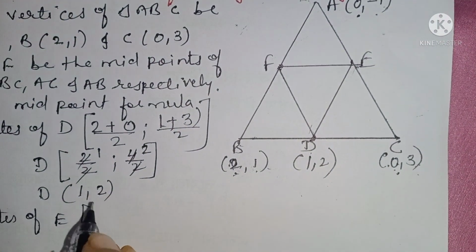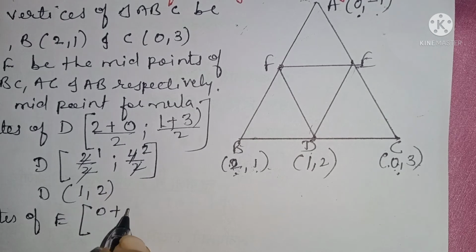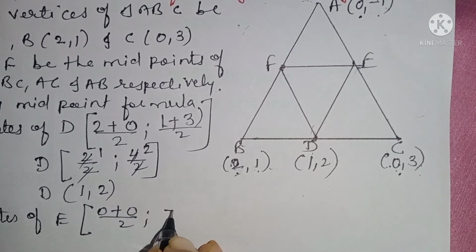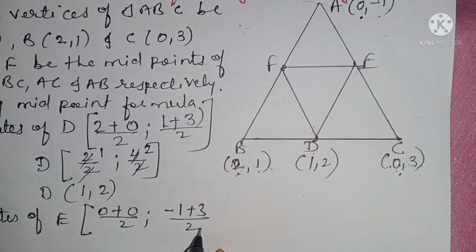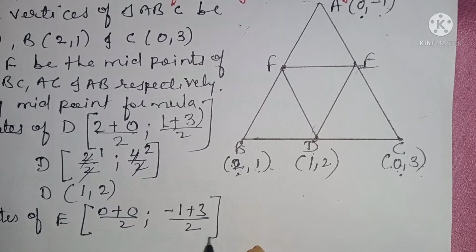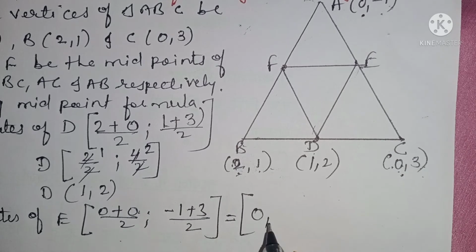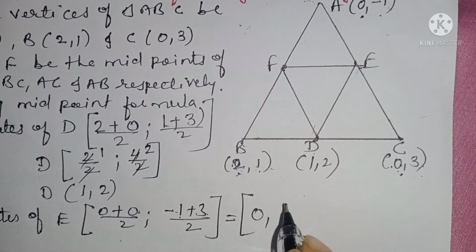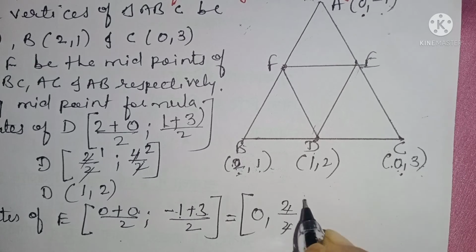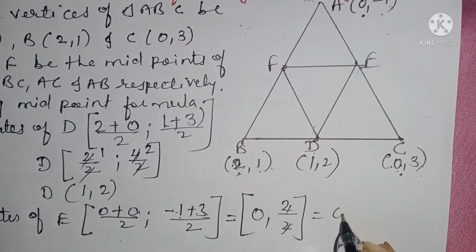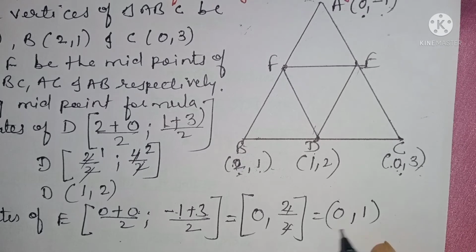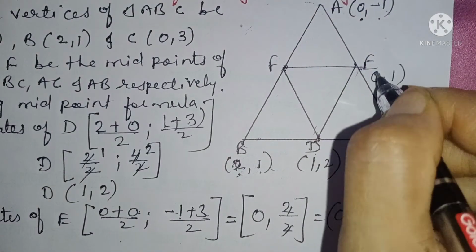So the coordinates of E are (0 plus 0) upon 2 and (-1 plus 3) upon 2. So it will give you 0 divided by 2 is 0. And -1 plus 3 is 2, 2 upon 2 is 1. So the coordinate of E will be (0, 1). Isn't it? So the coordinates of E are (0, 1).